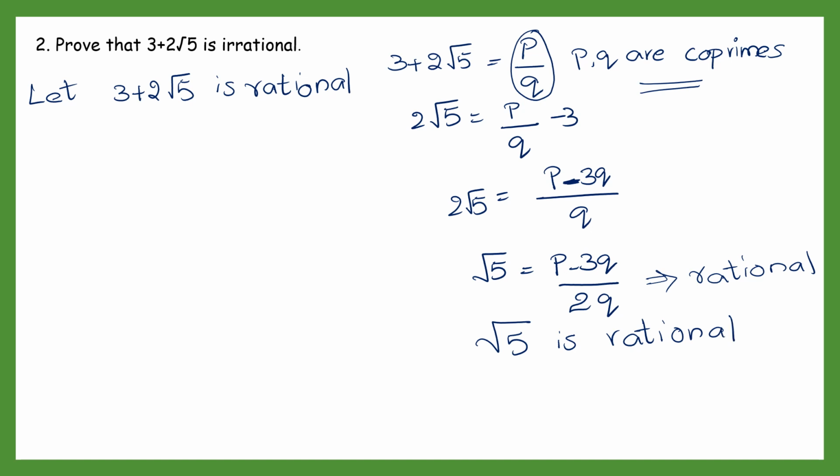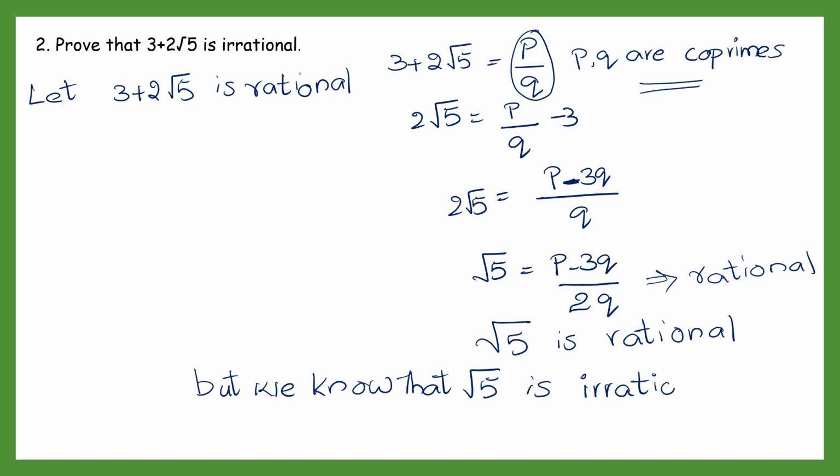But we already know that root 5 is an irrational number. We already proved that in the previous question. So, when we assumed 3 plus 2 root 5 as rational, we got root 5 as rational. But we already know that root 5 is irrational. So, these two are contrary to each other.